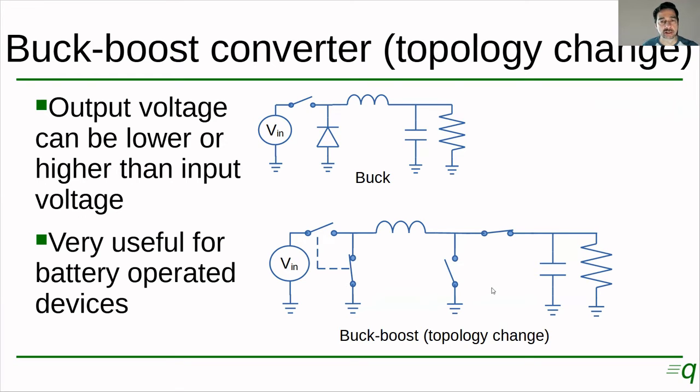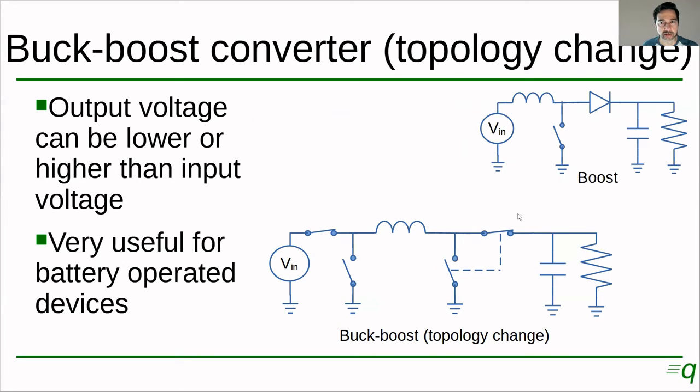Now, as the battery voltage drops, we have to change the topology to work as a boost converter, right? And how do we achieve that? Well, we keep this switch closed at all times, right? And this one open. So that makes the input voltage connected at all times to the inductor, okay?